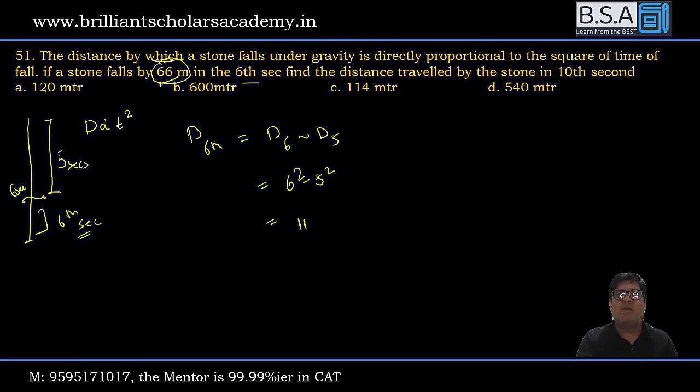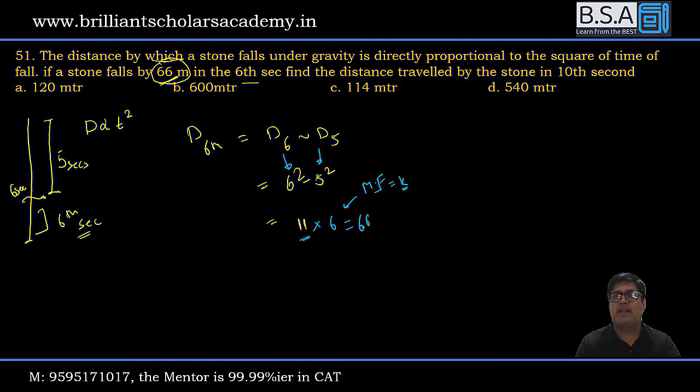In reality, how much is that? In reality, it is 66, which is 6 times. That is precisely what we call the multiplying factor. So this is time square minus time square, giving 11, but in reality it is 66. So this is your multiplying factor. In this case, it is called the constant of proportionality.